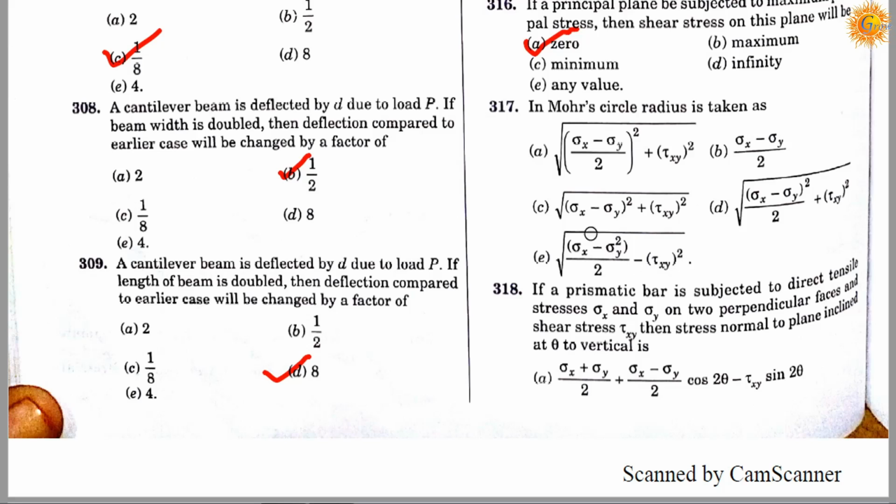So the correct answer is A, it will be under root of the small bracket sigma x minus sigma y divided by 2 whole square plus tau xy whole square.